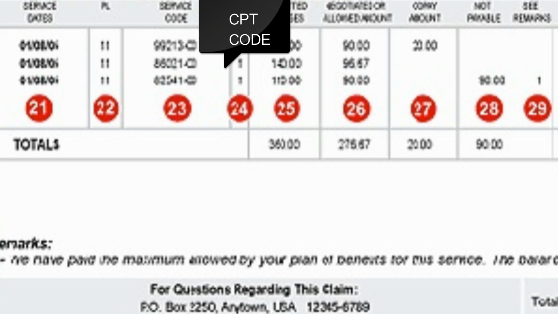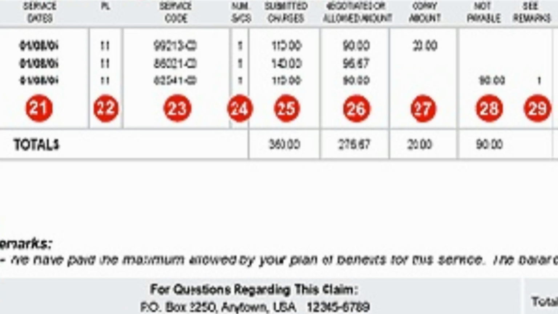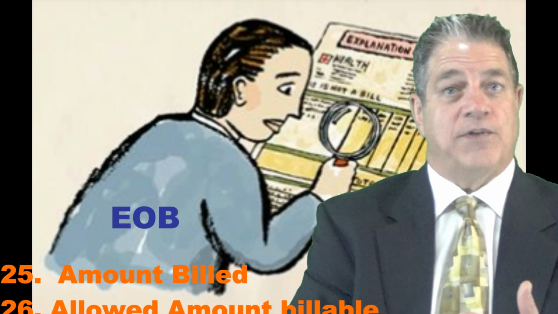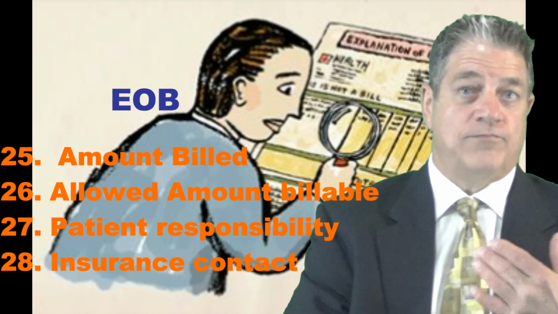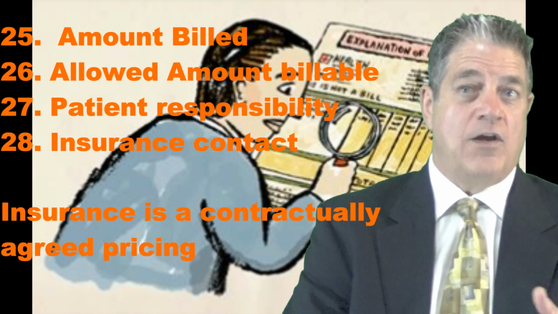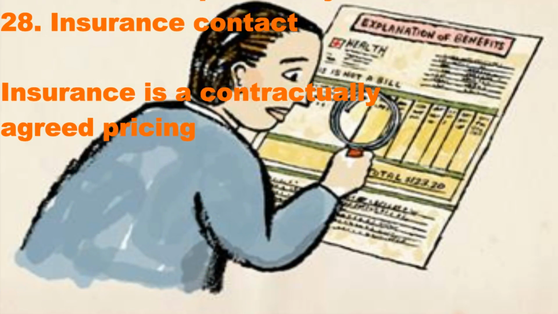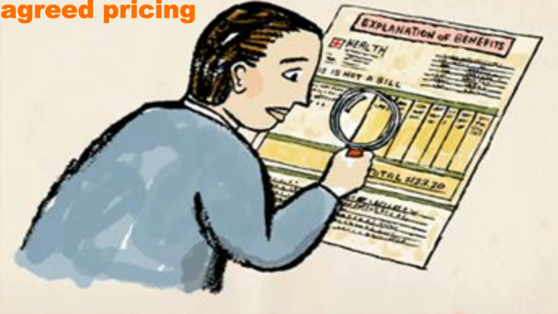So that's why you need to know the CPT codes when you call the insurance company to get verification that those services were actually performed for you. So in a nutshell, an EOB just tells you what the insurance company paid, what your responsibility is, and how you can contact the insurance company.